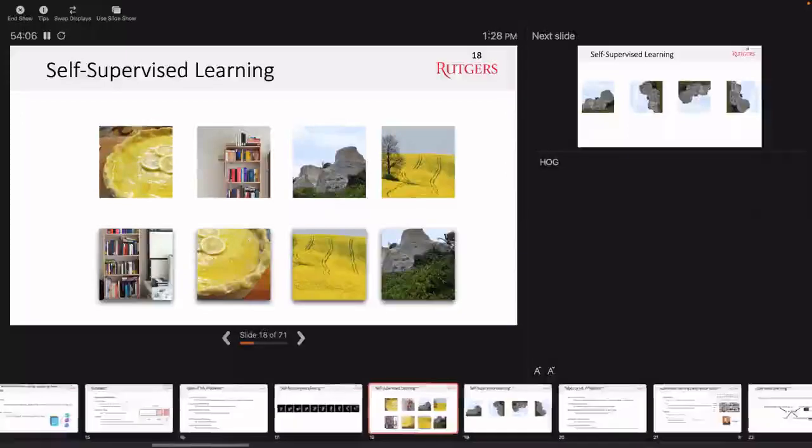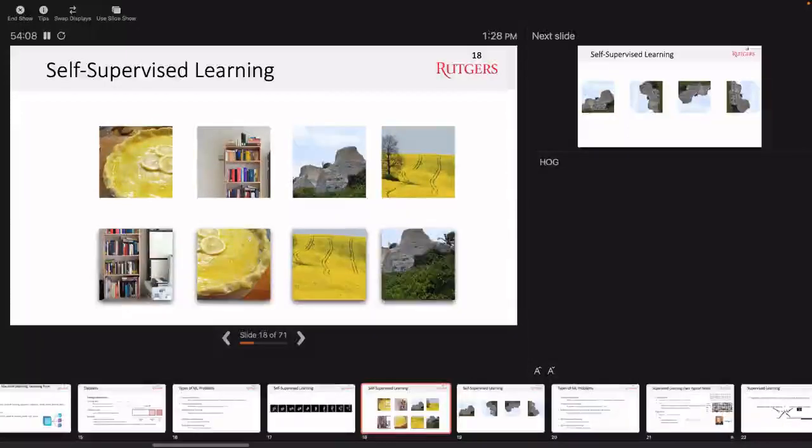And this is also another form of self-supervised learning. If you look at these different crops of images, you can easily tell that this small image in the top left is actually coming from the same image as this image. So basically, another way of creating labels is that you can take one large image and slice it into different crops, and you can tell the computer to do so.